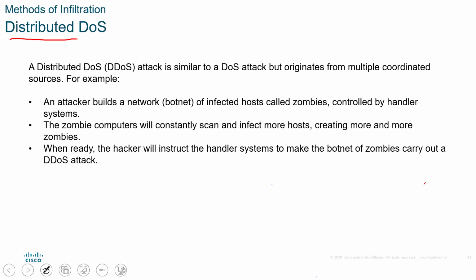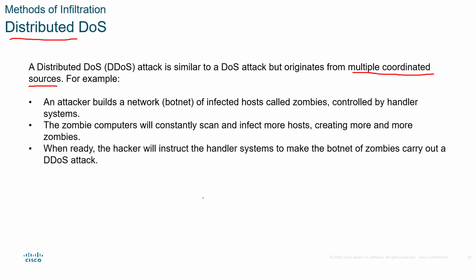The keyword here is multiple coordinated sources, because the attacker is going to use so many other systems around the globe. And once it uses those systems, it will use them to cause a problem on your own system. That is what it does.